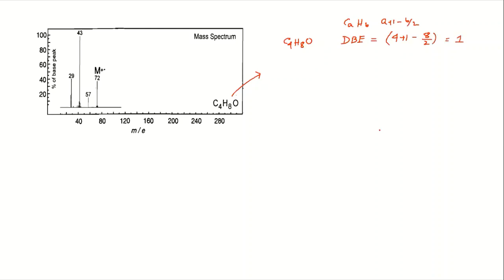So from this information, the molecule definitely has either one unsaturation, alkene, or ketonic unsaturation, I mean any kind of unsaturation, or maybe one cyclic ring.